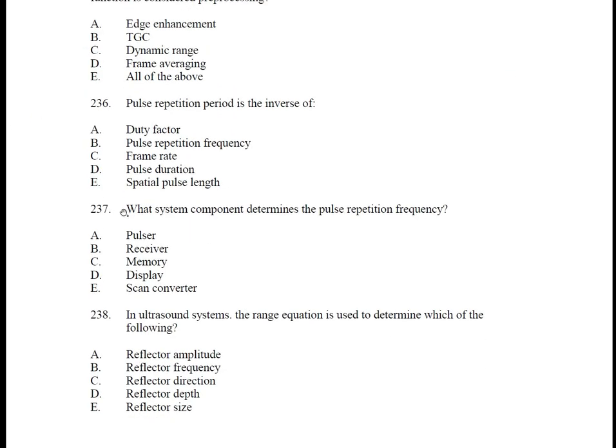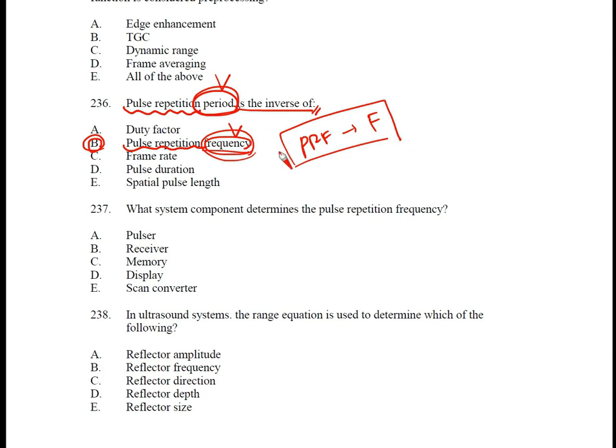Next, let's move on and look at question 236. This is the most basic concept. It's a question where you have to choose the option that is the opposite of cycle. The correct answer would be to select frequency in option B. Here, the term pulse repetition appears at the beginning. Although important terms like frequency and cycle that we know are included, you should understand that PRF and general frequency are different concepts.